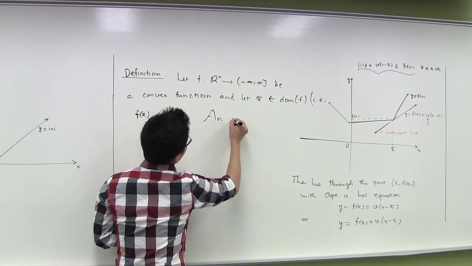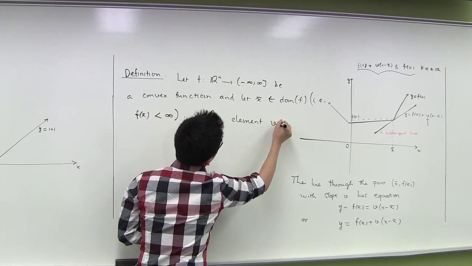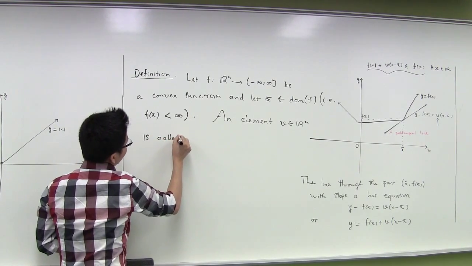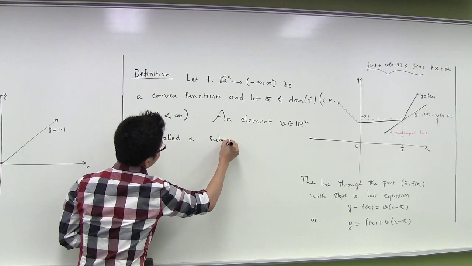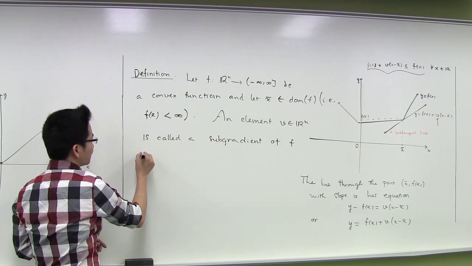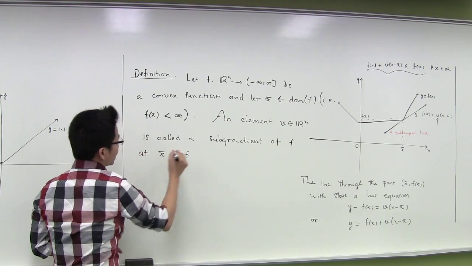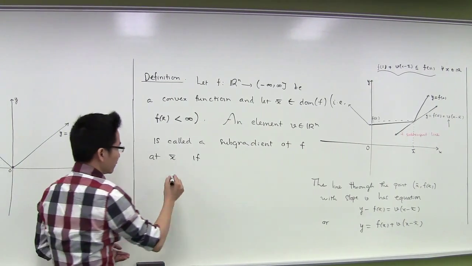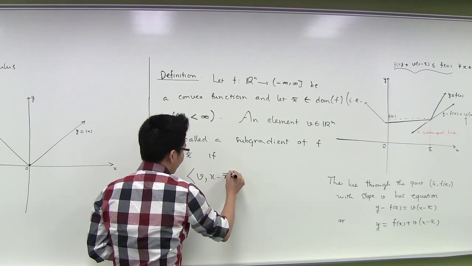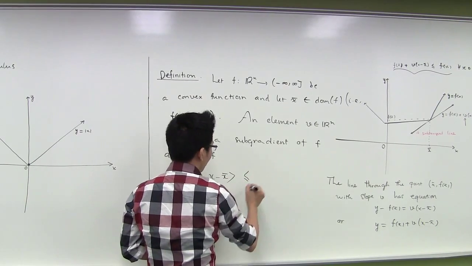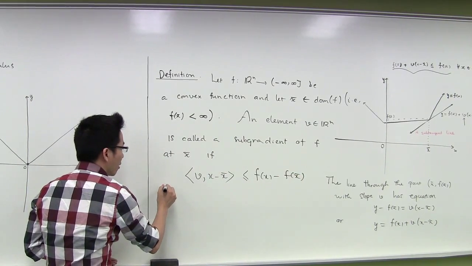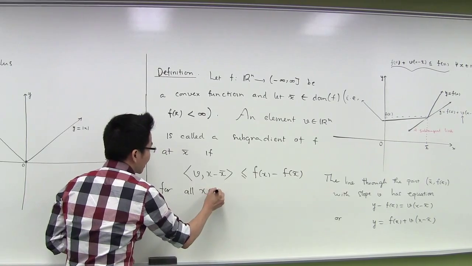An element v in Rn is called a subgradient of f at x bar if the following inequality is satisfied: the inner product of v and x minus x bar is less than or equal to f of x minus f of x bar, and this is true for all x in Rn.